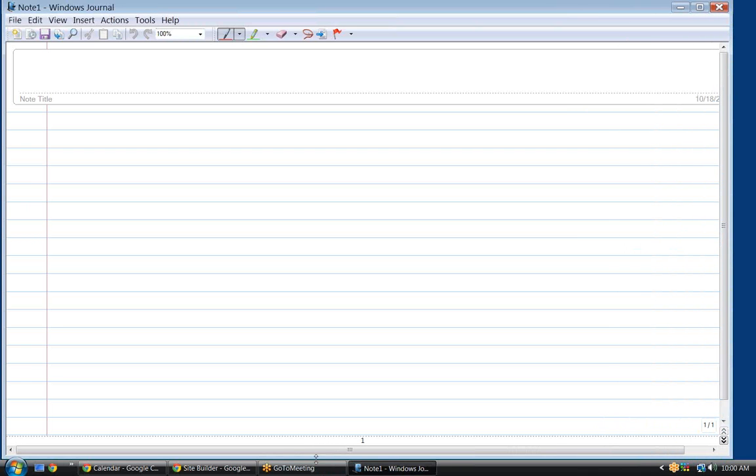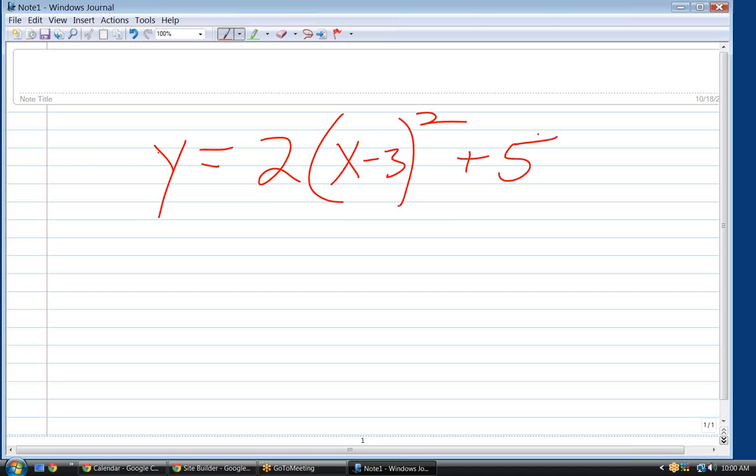I've been having trouble taking stuff from vertex form and intercept form and putting it in standard form. Okay. There's vertex form.